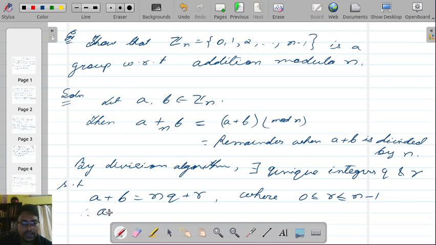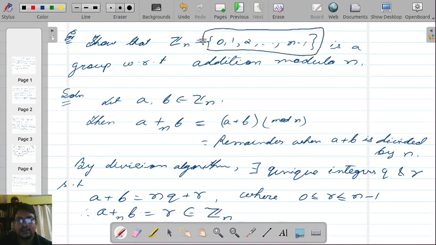So this r is the remainder. Therefore, a plus b modulo n is exactly equal to r, which belongs to Zn, because our set Zn is 0, 1 up to n minus 1. So Zn is closed.